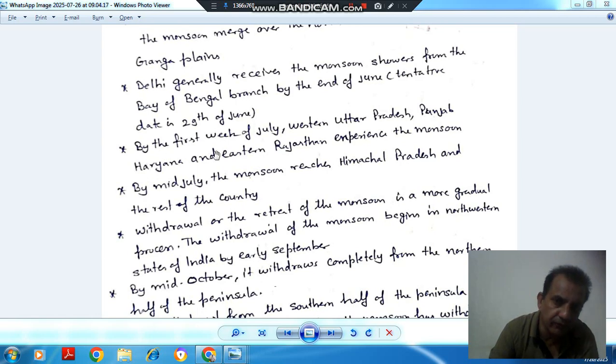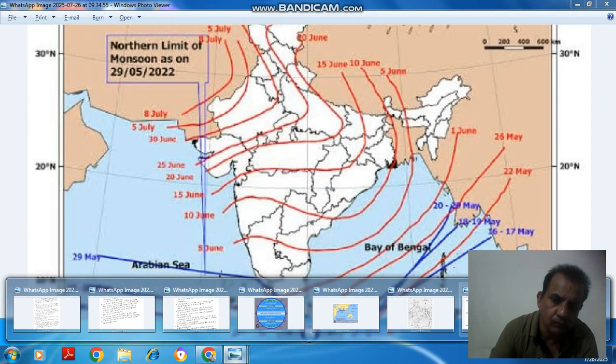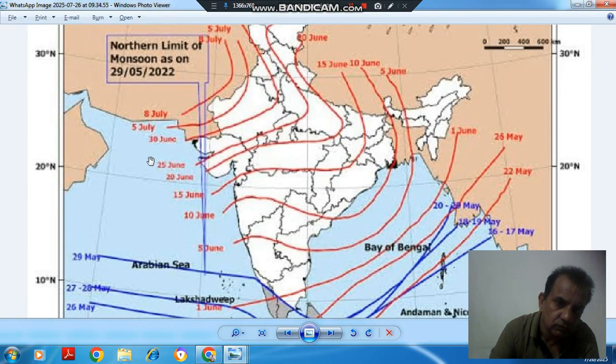Next point is by the first week of July, Western Uttar Pradesh, Punjab, Haryana and Eastern Rajasthan experience the monsoon. So this is the 30th June or first week of July scenario.